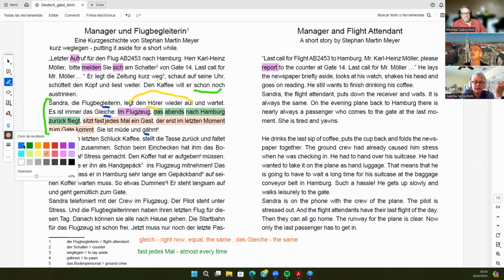That he comes to the gate at the last moment. And she is tired and annoying. Oh, she's yawning. So it's late in the evening. We have a guy who's not coming to the plane.